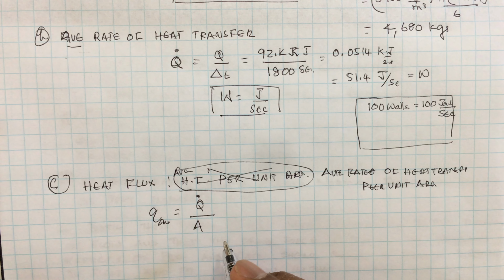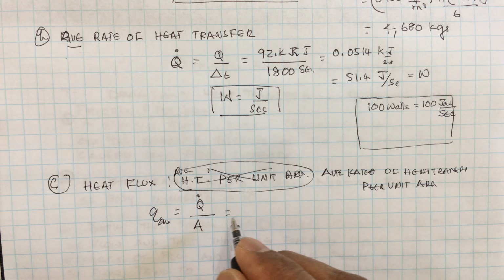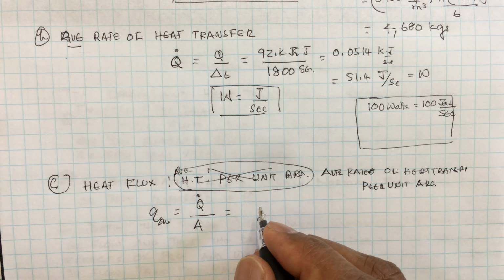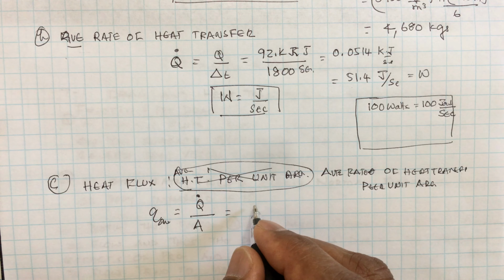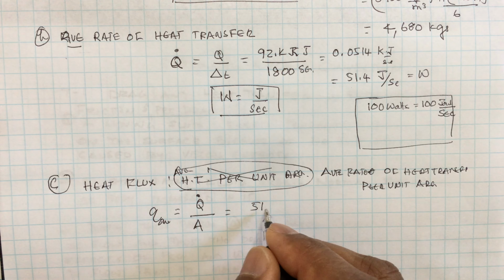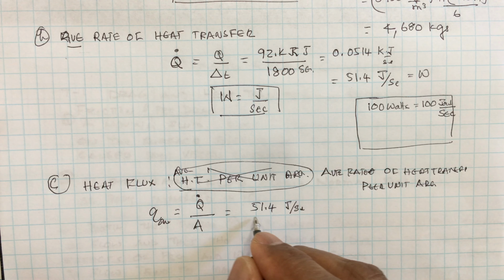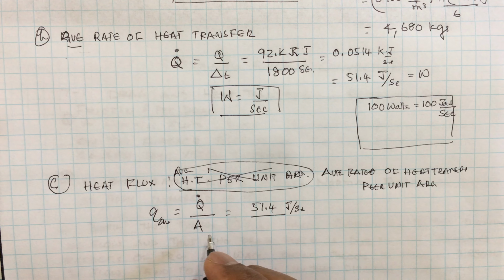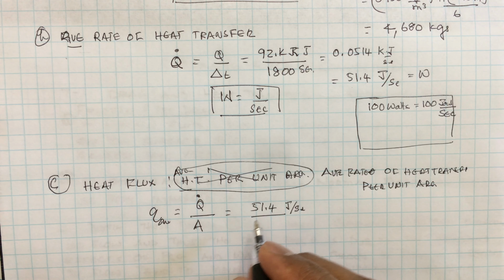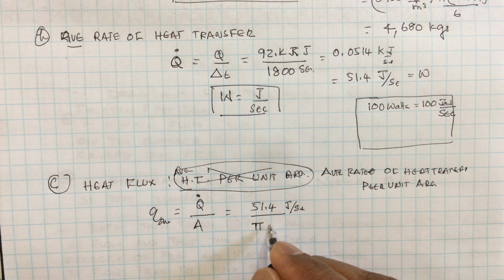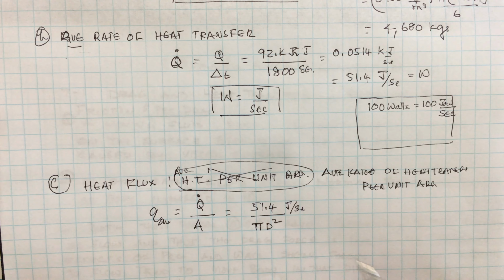We already calculated the average rate of heat transfer, which is 51.4 joules per second, divided by the surface area of the sphere, given by pi d squared.